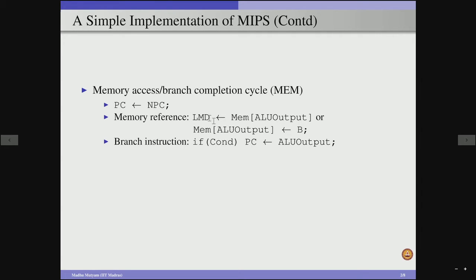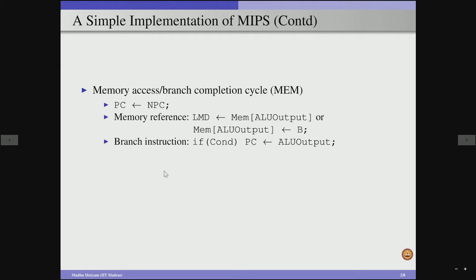And if it is a store instruction, then the value that is stored in B is going to be stored in the memory location specified by the ALU output, which is again the effective address calculated in the previous stage. So, we go to that particular location in memory and store the contents of B in it.